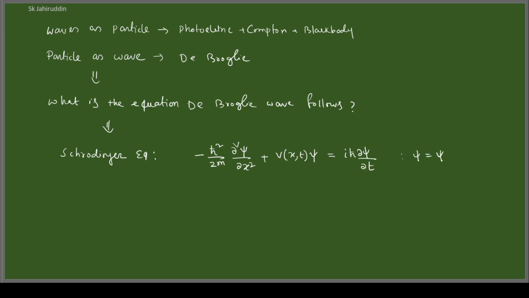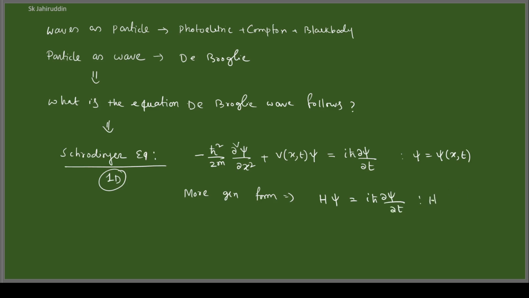That is, to be sure, this is one dimension. The more general form is H psi equals i h bar del psi del t.